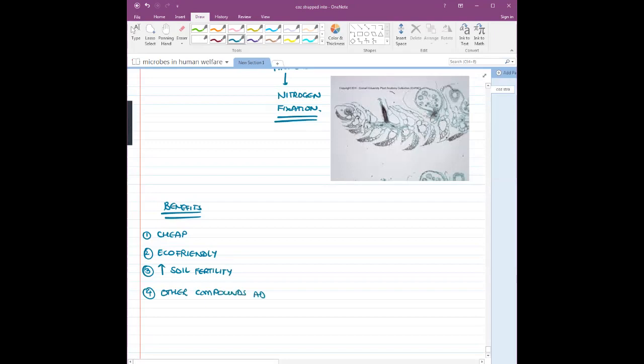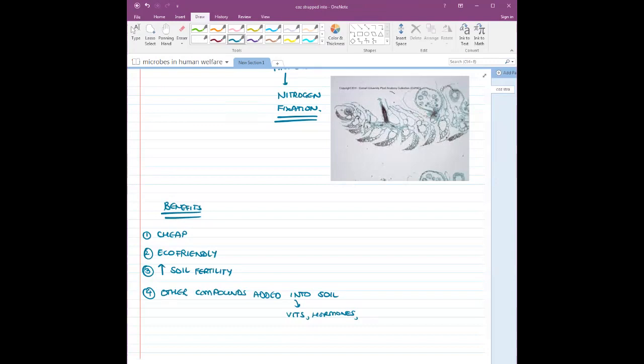Now these can be your vitamins, or your hormones, like plant hormones. For example, we have auxins. Even auxins are going to be produced by some of the bacteria, and they are going to release the auxins, which can be taken up by the plant.